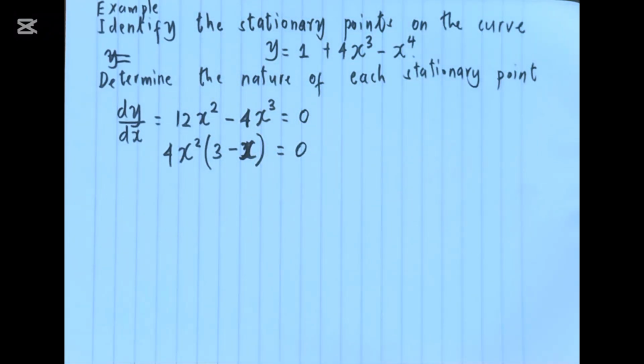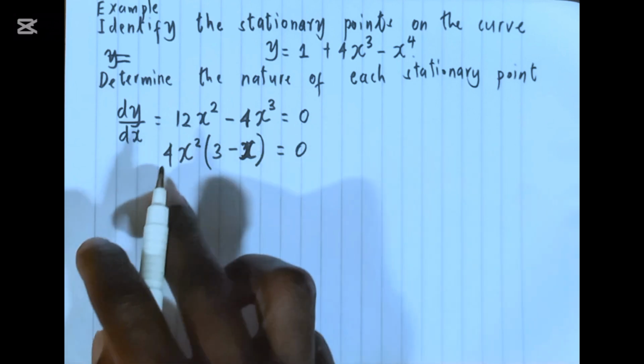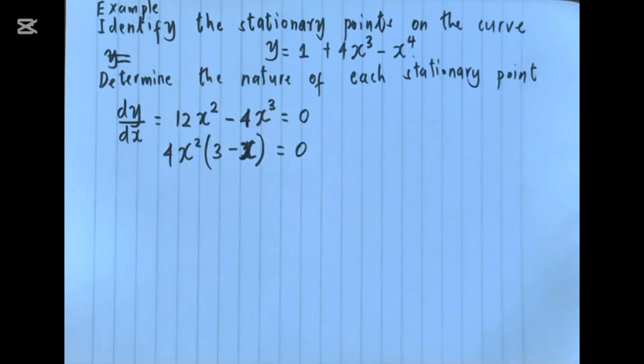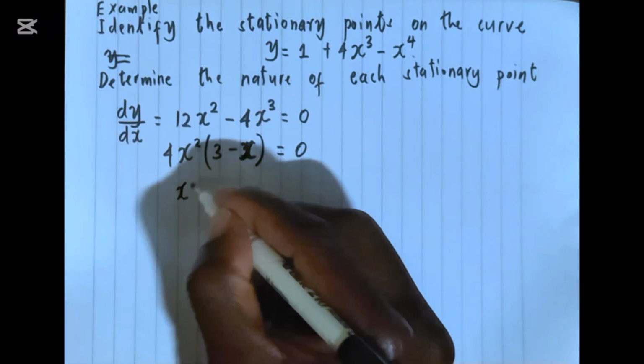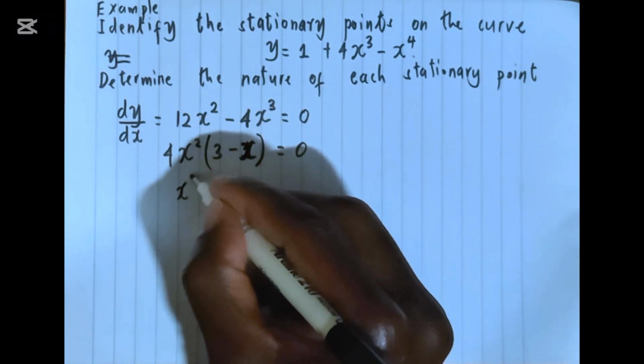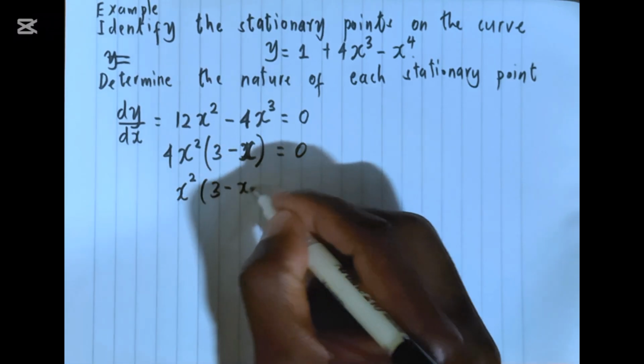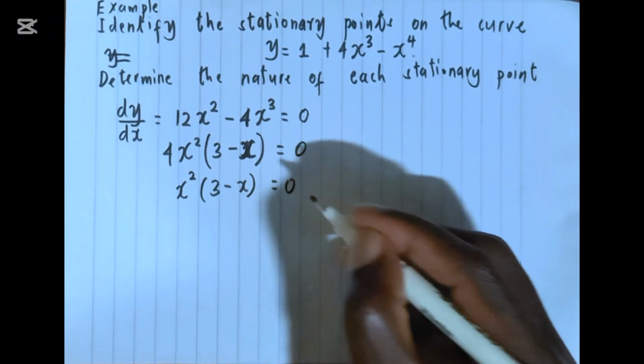So for us to find the values of x here, we're basically going to divide both sides by 4 first of all, to get rid of the coefficient 4 we're having here. And so that's going to leave us with x squared into 3 minus x equals 0.